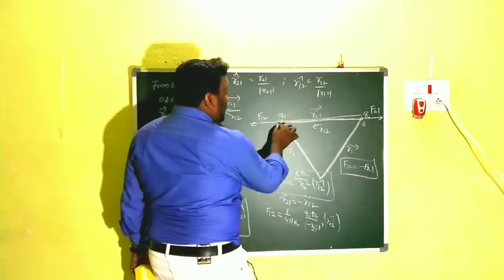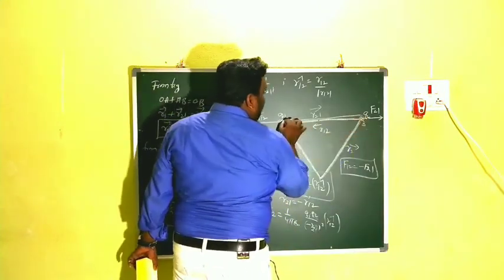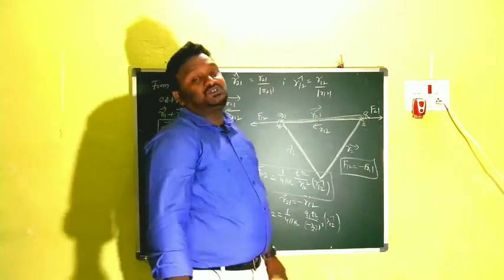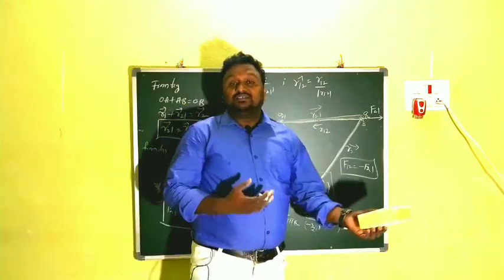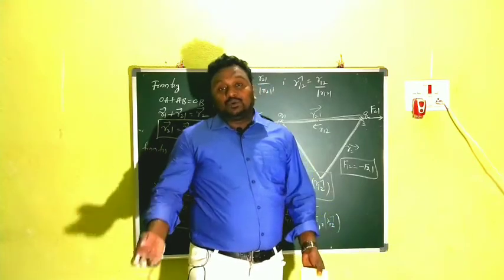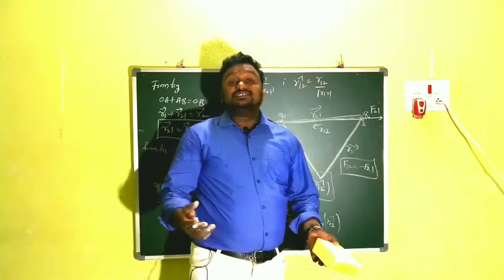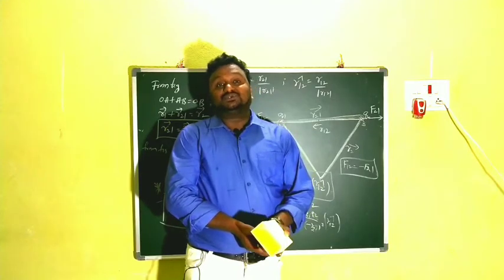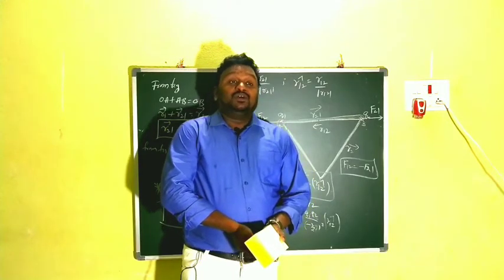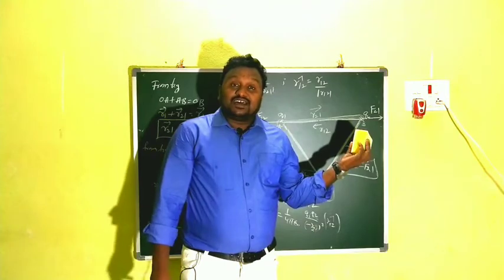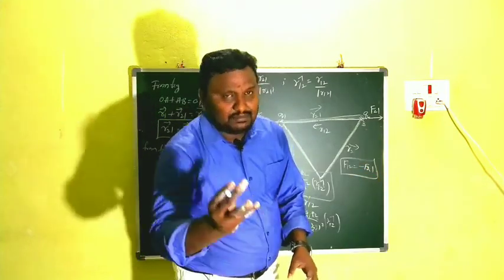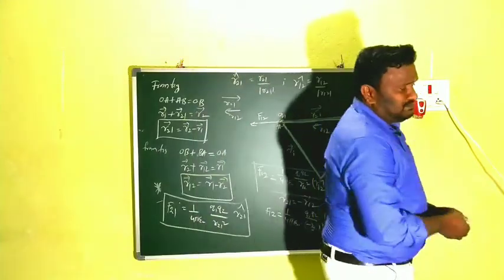For example, this is a charge and this is a charge; they act along the line joining the two charges. That's why F12 and F21 are both central forces. So children, this is the explanation of Coulomb's inverse square law using the vector representation. Let us briefly explain again. Very simple thing.